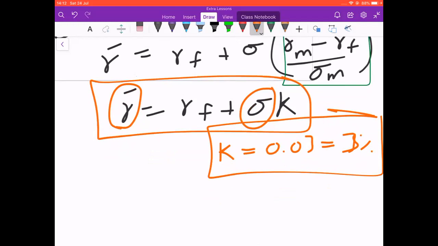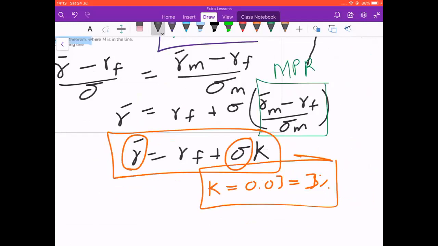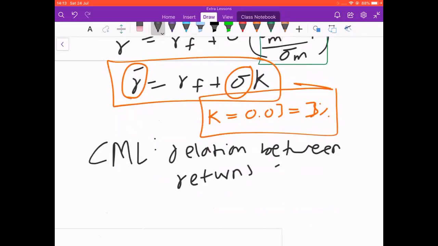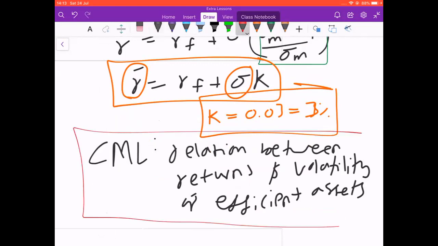Let me see if I have any questions before we go further. So your capital market line gives you the relationship between returns and volatility of efficient portfolios.